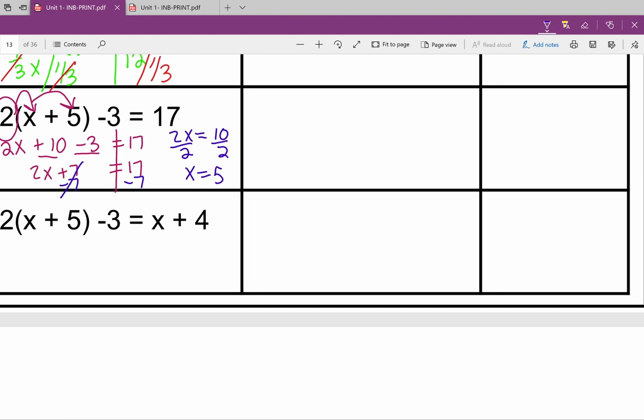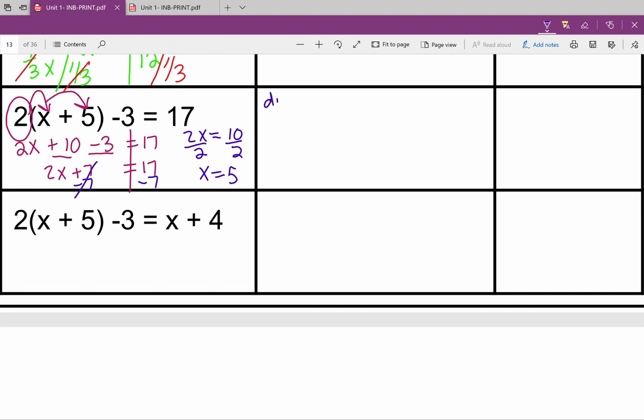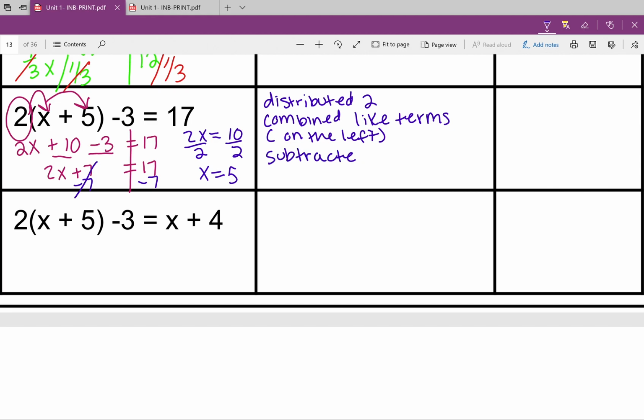We first distributed 2, then we combined like terms, and in parentheses I'm going to put on the left. Then we subtracted 7 and we divided by 2. So this one had 1, 2, 3, 4 steps to get x equals 5.